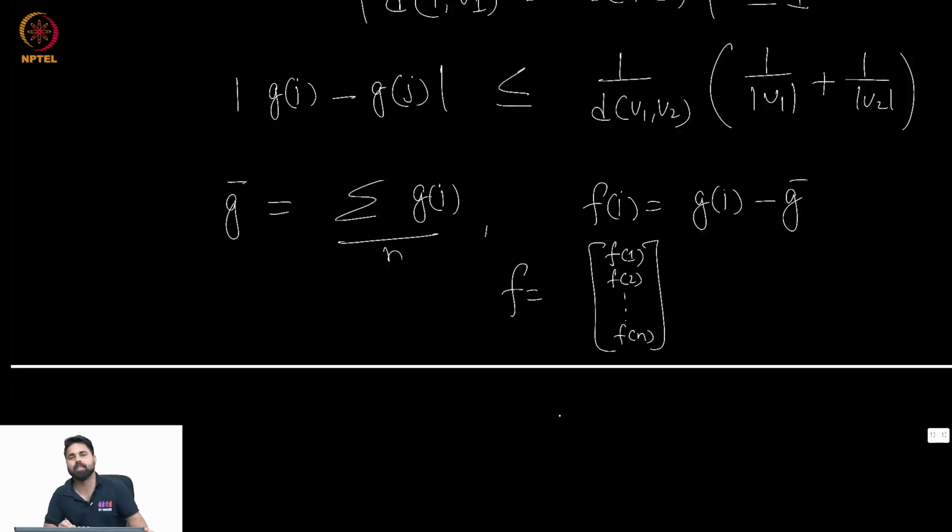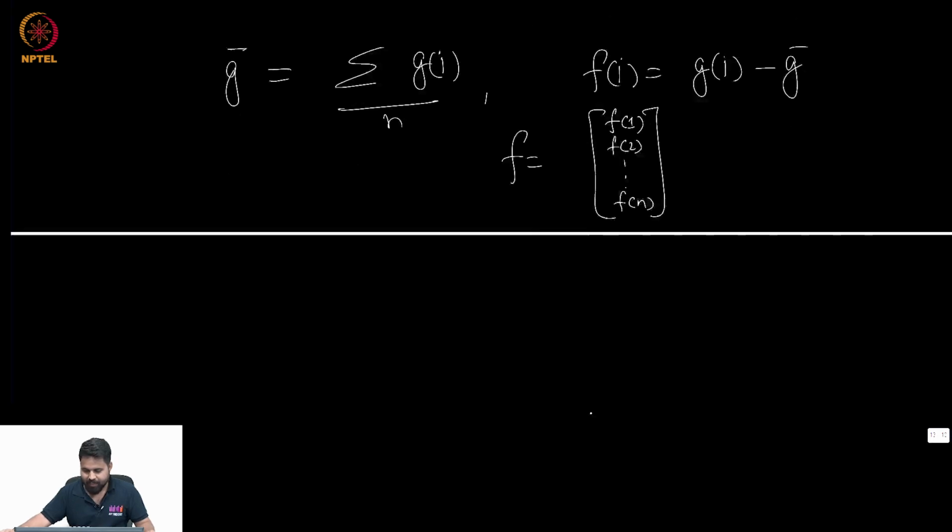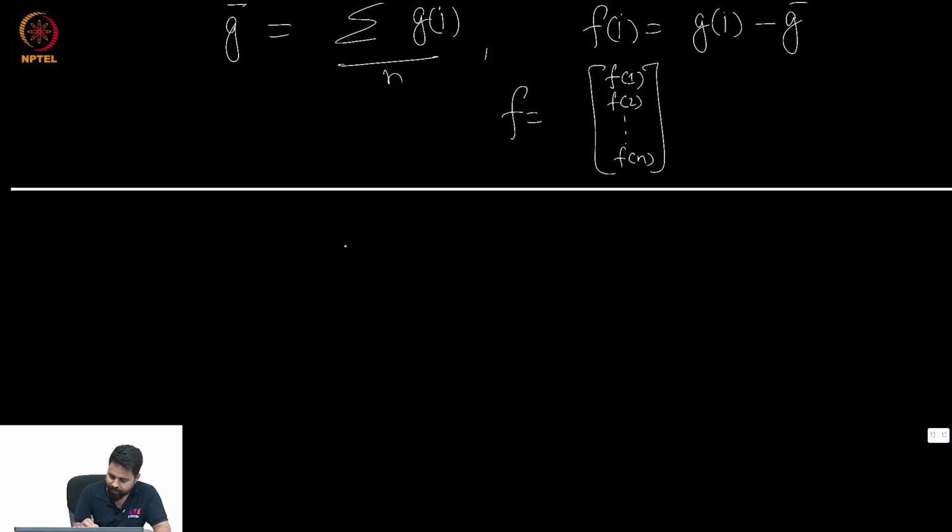There are n vertices. Now let us focus on this quantity f transpose L f. Remember, you actually recall what I am going to do. We will make use of the Rayleigh quotient, the optimization version of the second smallest eigenvalue here, because we are dealing with the Laplacian matrix.